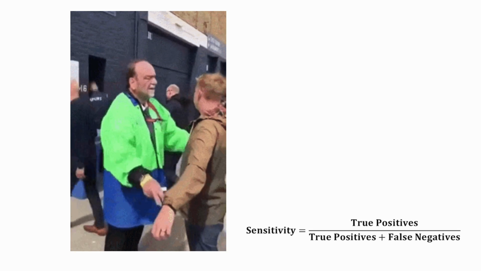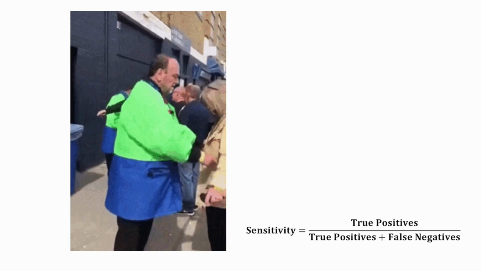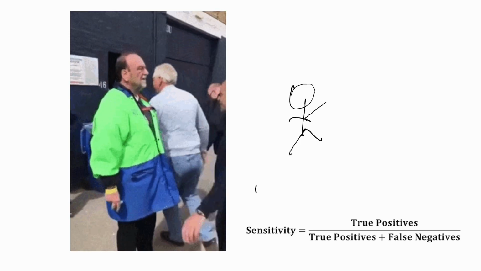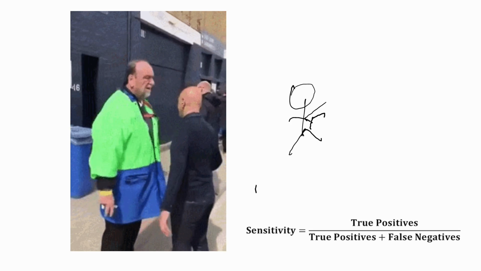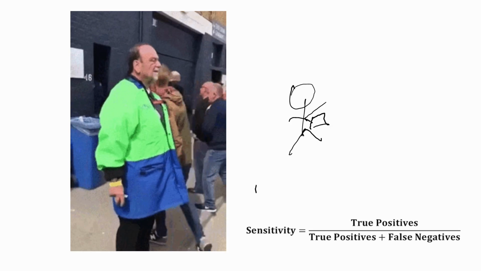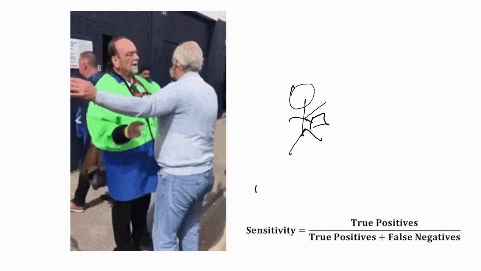Sensitivity is your ability to detect something if somebody brought something. So let's say somebody has a water bottle, but it's hidden in their jacket. Do you think this guy will be able to detect it? I don't think so, right? Because he's not really doing a good exam.